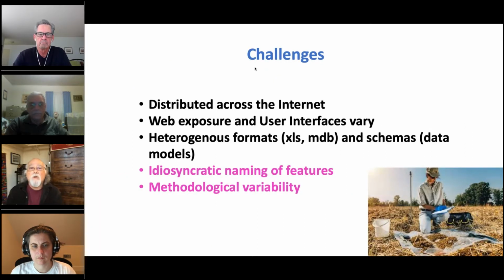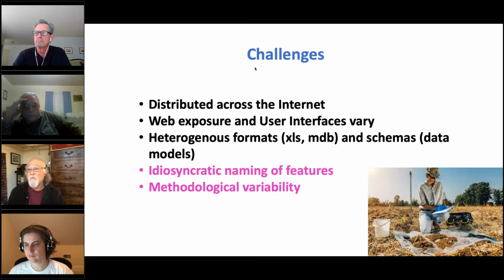Well, the problems, of course, are that those data are distributed all around the internet. They are housed in different types of websites with very, very different types of user interfaces that you've got to navigate and drill down to finally get to the goods. When you finally find the data of potential interest, you find that they're in really heterogeneous formats.